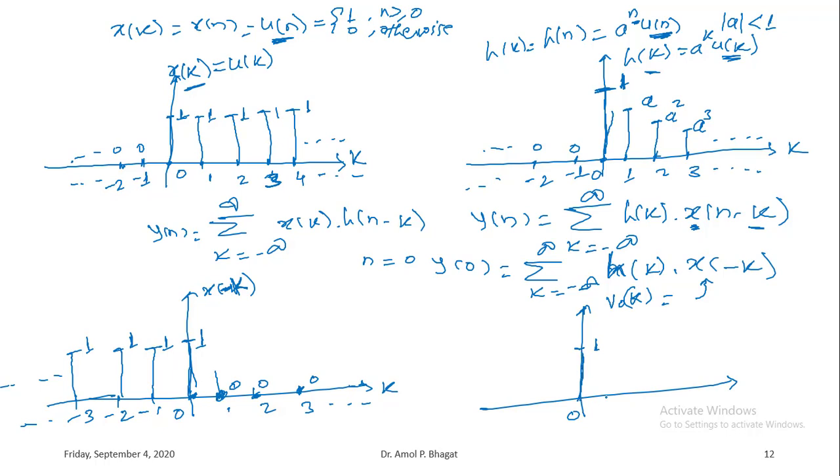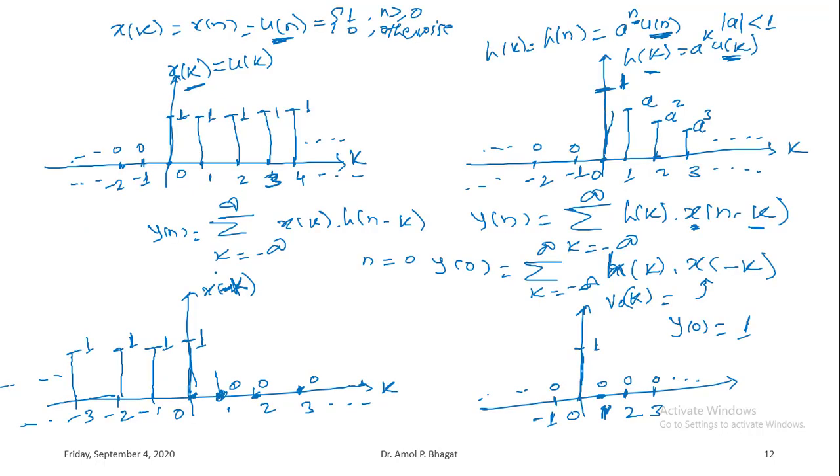At 1, a is present in h and 0 is present in x, so it will be 0. Similarly at 2, 3 it will be 0, and so on. At -1, here it is 0, here it is 1, so again the multiplication will be 0, and so on. So for n equals 0, y of 0 is 1. If you sum all these values, it will be 1.